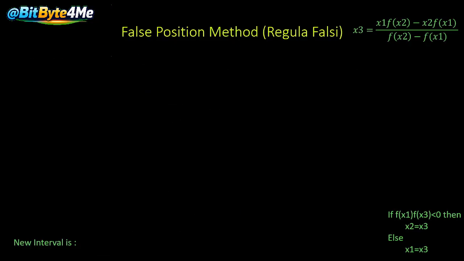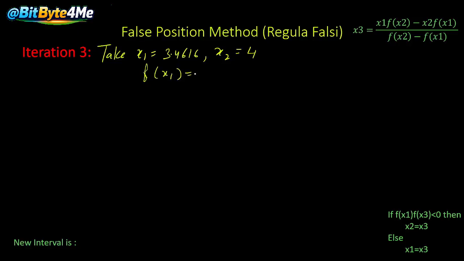So in the third iteration we will take x1 is equal to 3.4616 and x2 is equal to 4. f of x1, as we have calculated in the previous iteration, is minus 0.0176, and f of x2 is equal to 4.